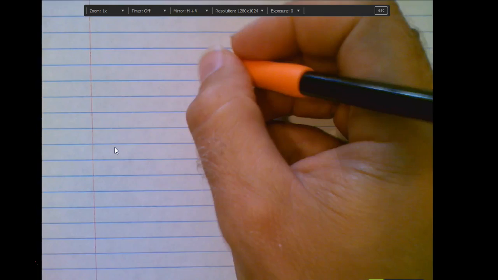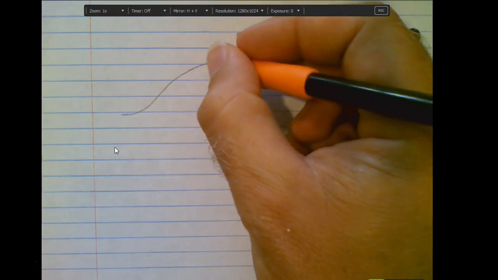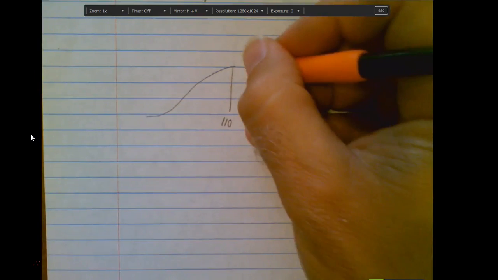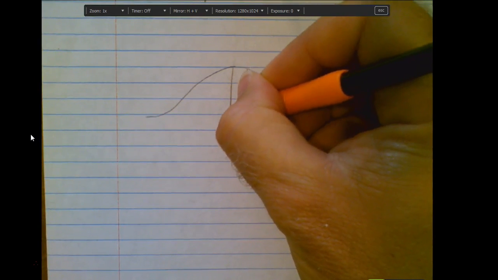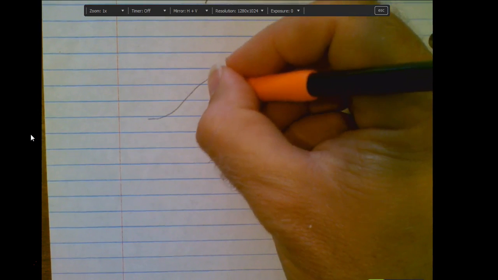So we're going to create that bell curve. So something like this. So we're creating that bell curve. So we know that 110 goes in the middle. That was the mean. So I'd put my 110. They said the standard deviation was 8, and so I would be adding 8 to the right, subtracting 8 to the left.